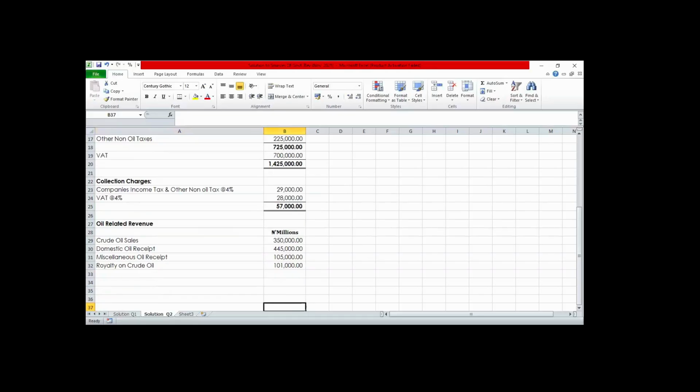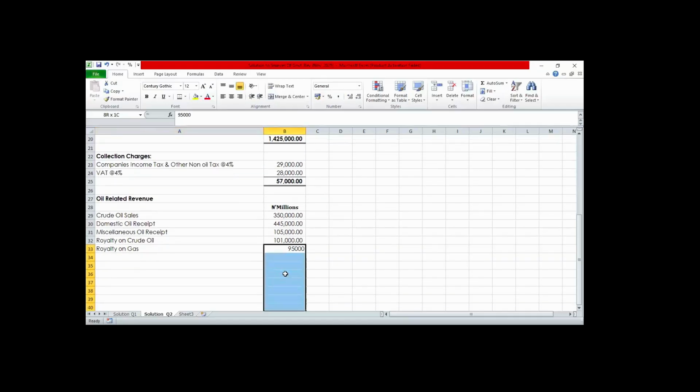Okay. Royalty on gas. How much? 95,000. The next one, rentals on oil field.